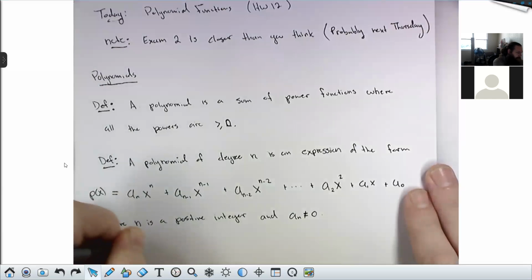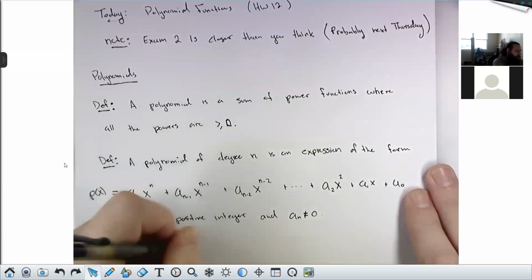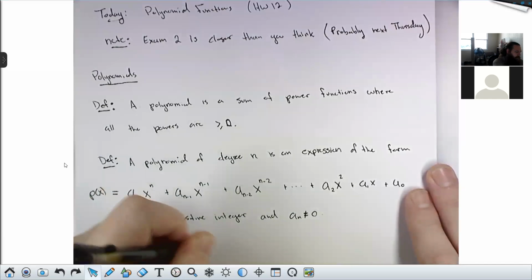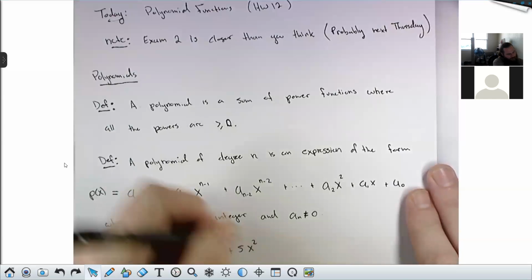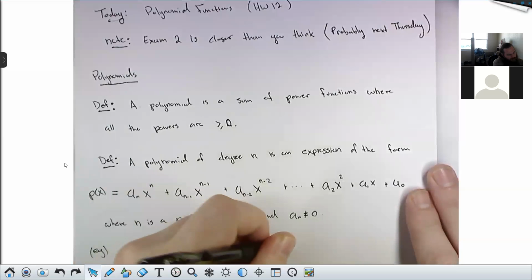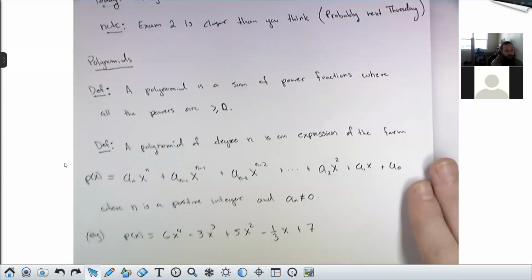P of x equals 6x to the 4 minus 3x cubed plus 5x squared minus 1/3 x plus 7. This is a polynomial.